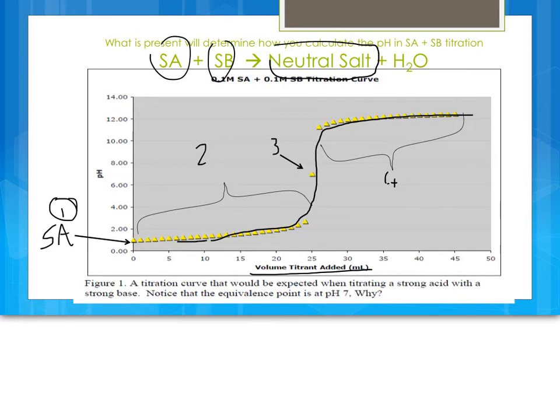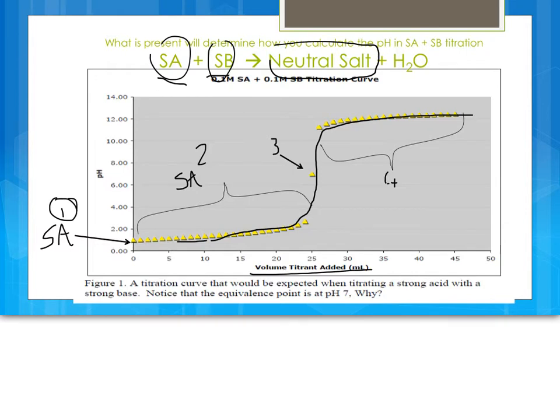Then, in region number 2, as we add base, what's going to be present is still strong acid plus a neutral salt. So the one thing that's going to determine what the pH is at any point in region 2 is how much excess strong acid there is. In region number 3, at what we call the equivalence point, the number of moles of the strong acid equals the number of moles of the strong base.